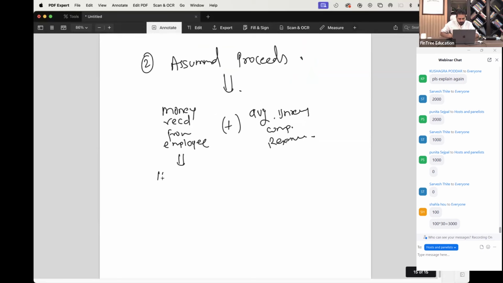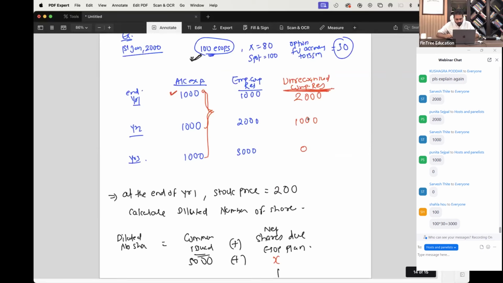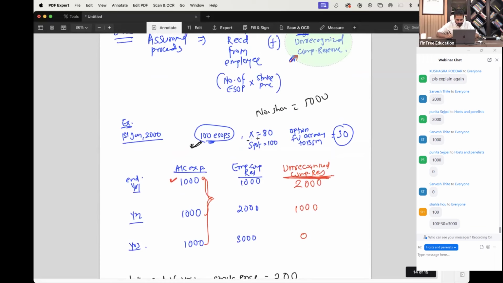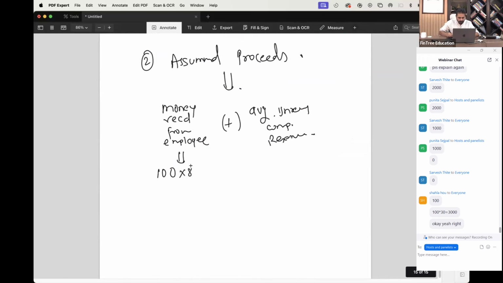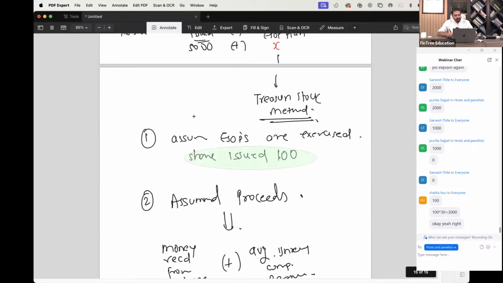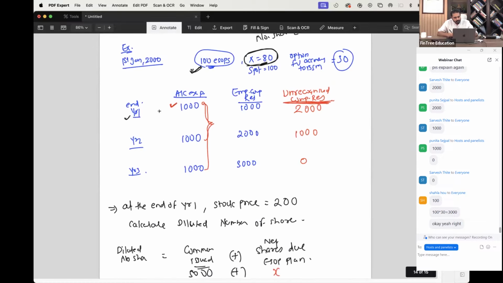Employee will give me how much? They're buying 100 shares. They're buying the shares from me at what price? 80 rupees. Remember, that was a strike price. Strike price is 80. So employee will give you 80 and they will say, hey, I have a strike price of 80. Please give me the shares, right? So 100 into 80. How much is this? 8,000. But now the logic is that, boss, at the end of year 1 itself, you're assuming that shares are exercised.